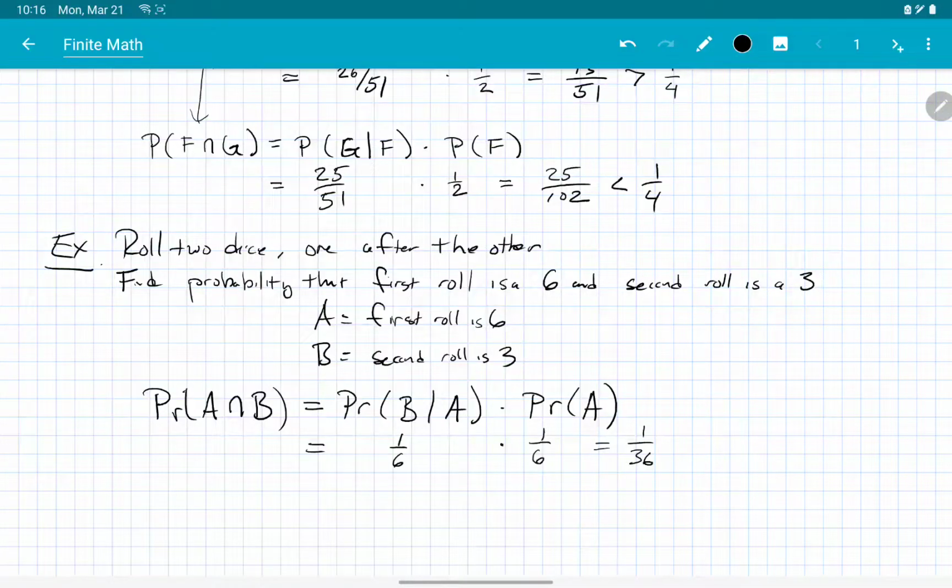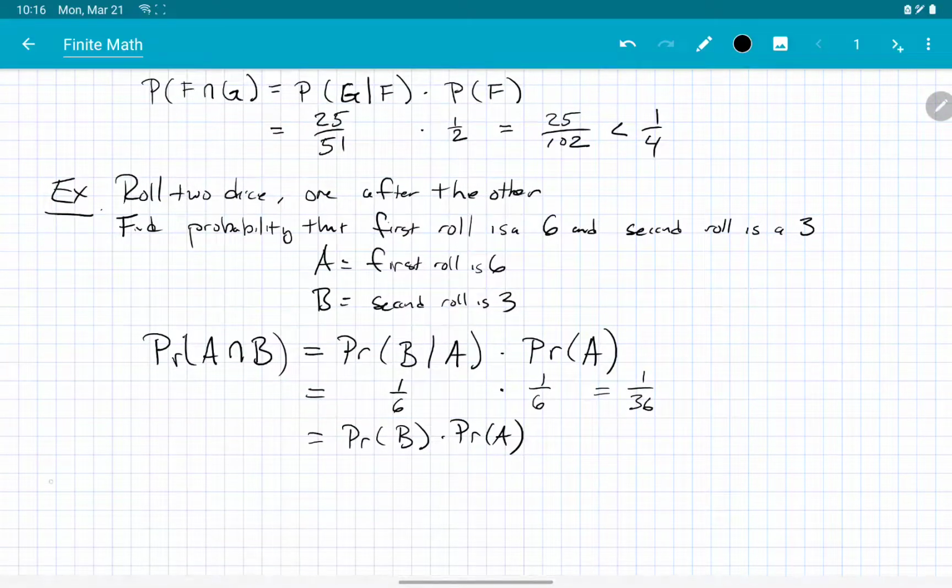So this is a slightly different situation, and this situation is different enough that it's given a name. And note that this is the same as probability of B times probability of A. Right? Because probability of B given A in this instance was the same as probability of B. When this happens, it's given a special name, and this is this definition here.